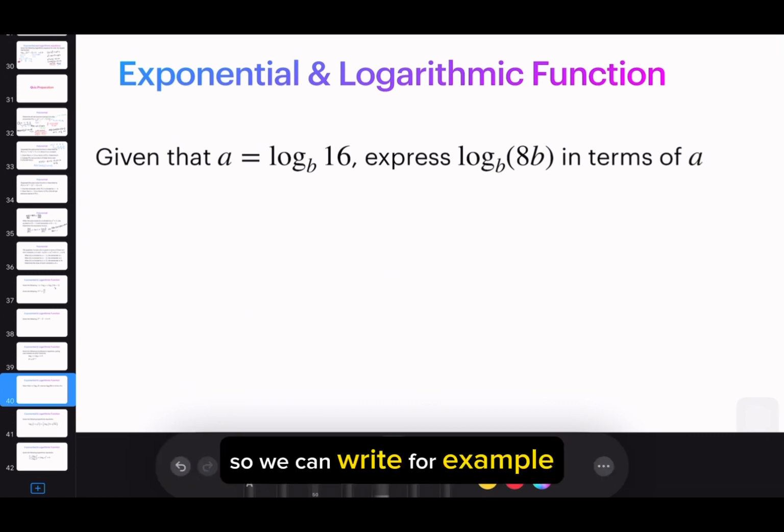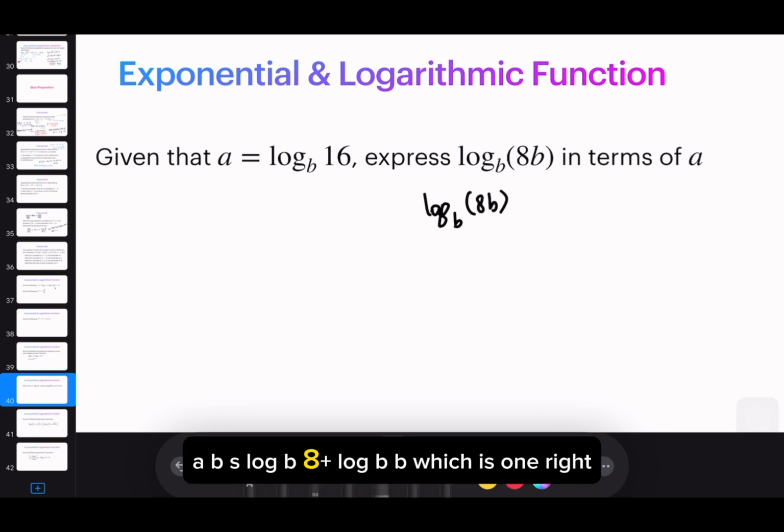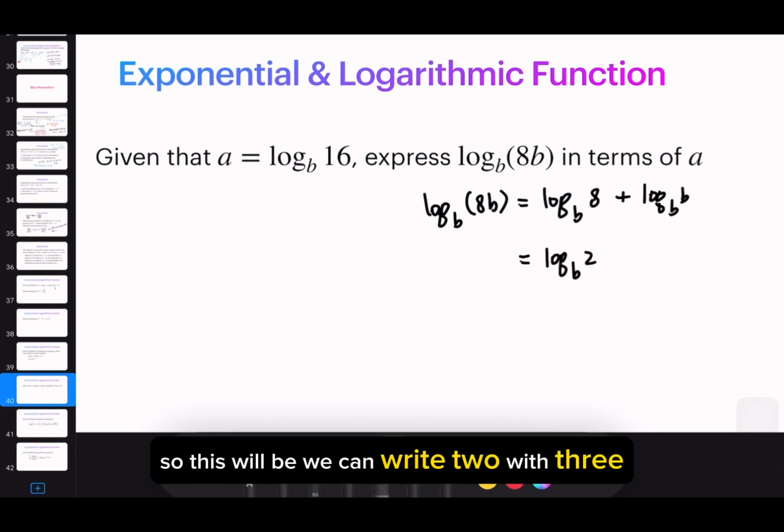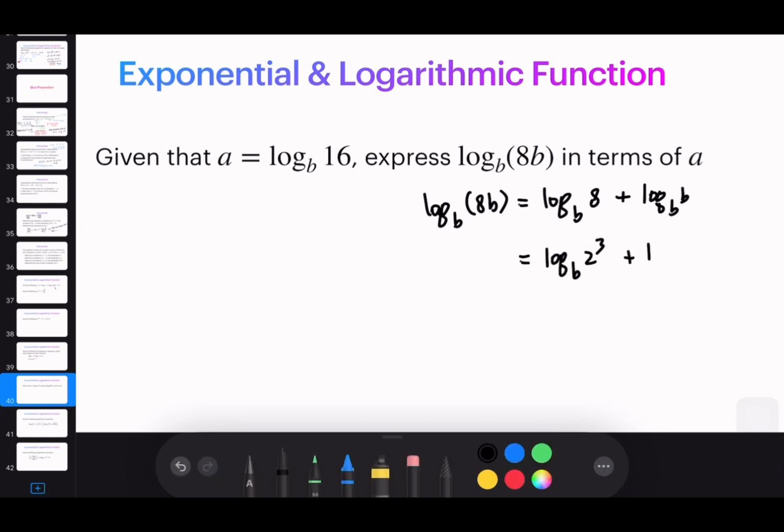So we can write, for example, first that log b of 8b as log b 8 plus log b b, which is 1, right? So we can write 2 with 3, and this will be just 1.